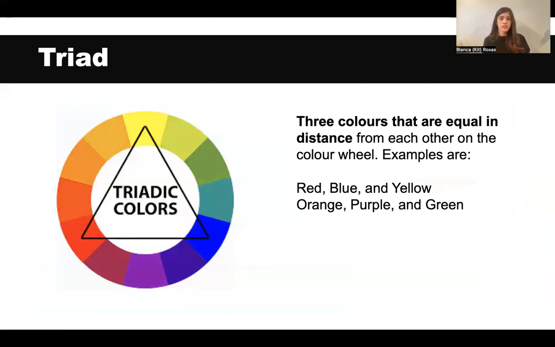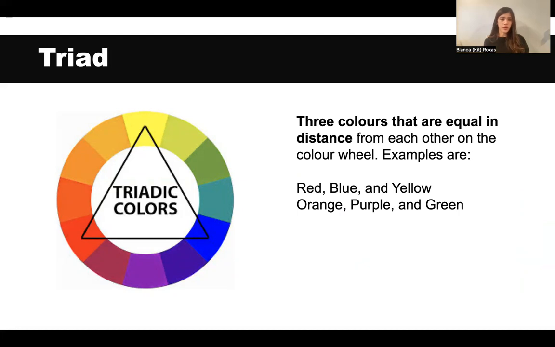Triad. Triad is another example of a color scheme, and this consists of three colors. These three colors should be equal in distance from each other on the color wheel. So we have here the primary colors as the perfect example of a triadic color scheme.